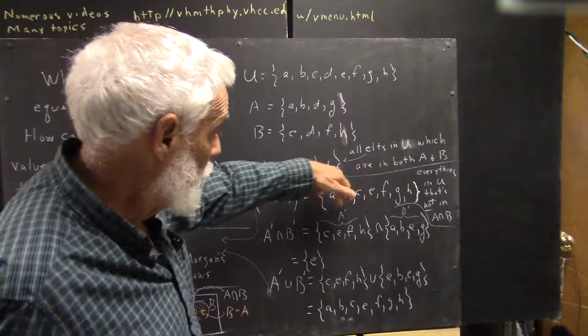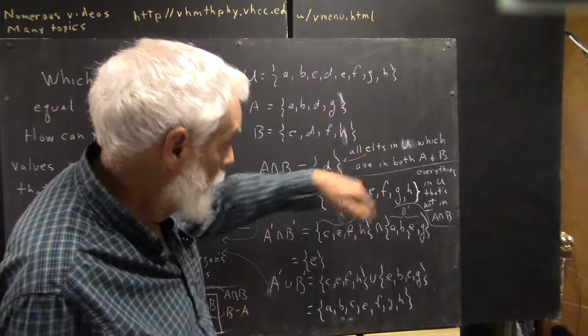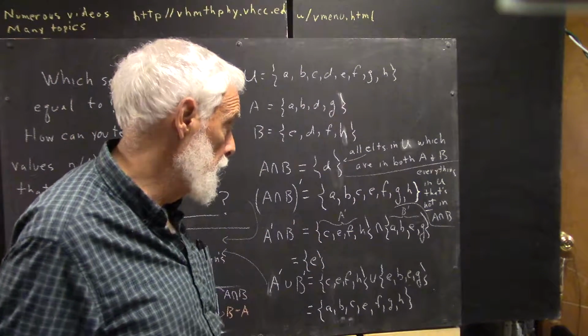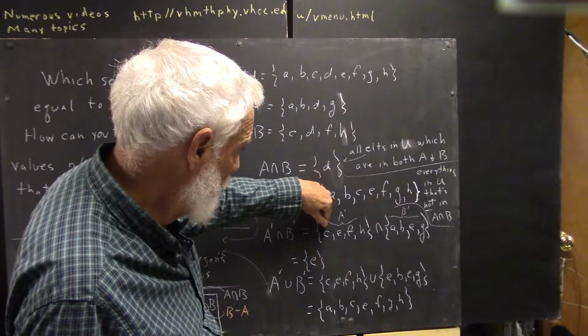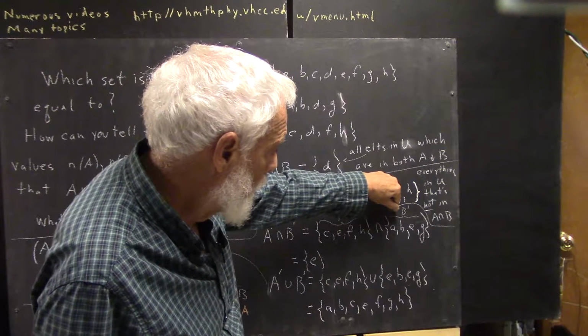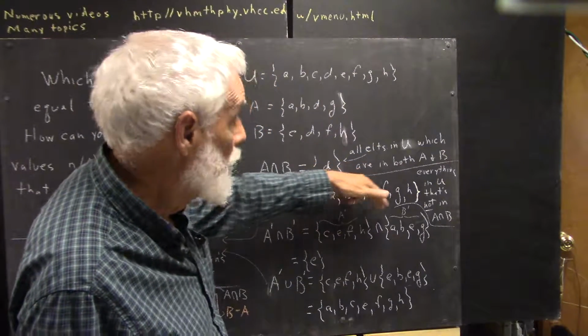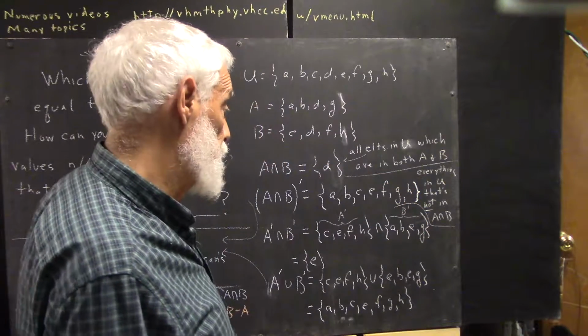And now we want to do the intersection of A prime with B prime. So we test, let's start with the elements of A prime. A prime contains the letter C, B prime doesn't. So C is not in the intersection. Remember that the intersection consists of everything that's present in both sets.